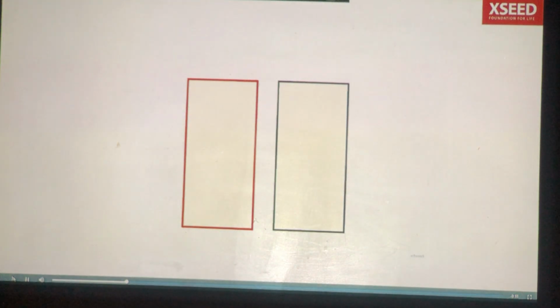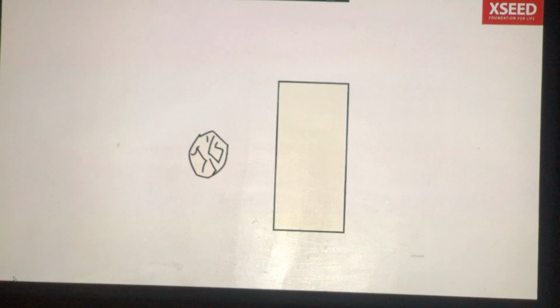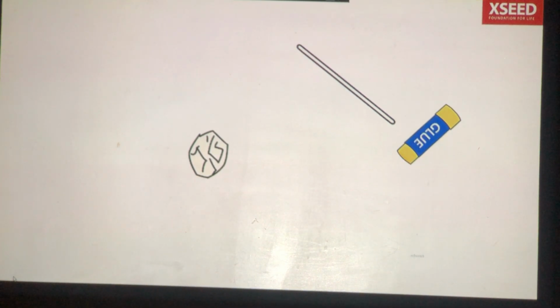Crumple 1 slip into a small ball and roll another one into a stick, like this.